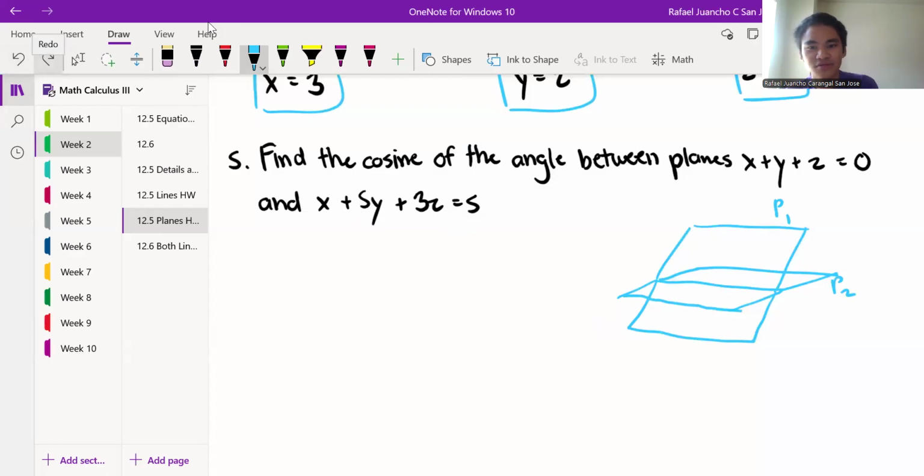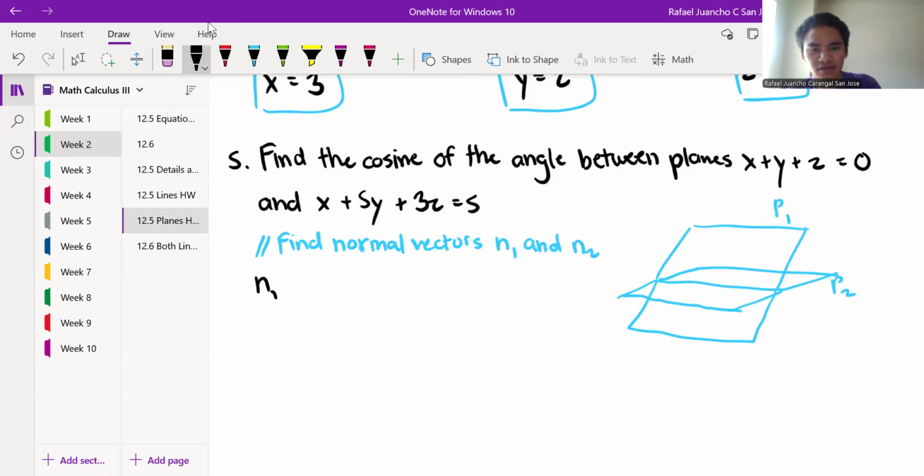Now, what other information are we given? Well, we're actually given their normal vectors. So maybe we can do something about their normal vectors. Let's say we'll do n1 and n2 because we have two planes.